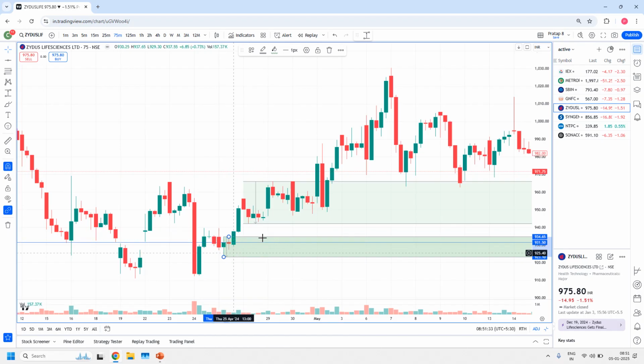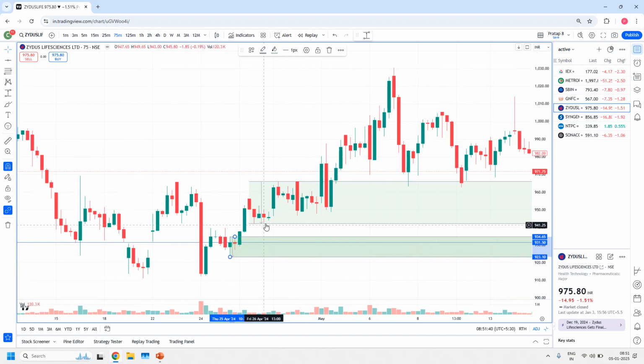This 75 minutes demand zone is a origin or is it a trap? This is the trap. Why not origin? Because it is not overlapped with this distal line. So because this is the 75 minute zone, if you fine tune, you may get strong institutional order flow.